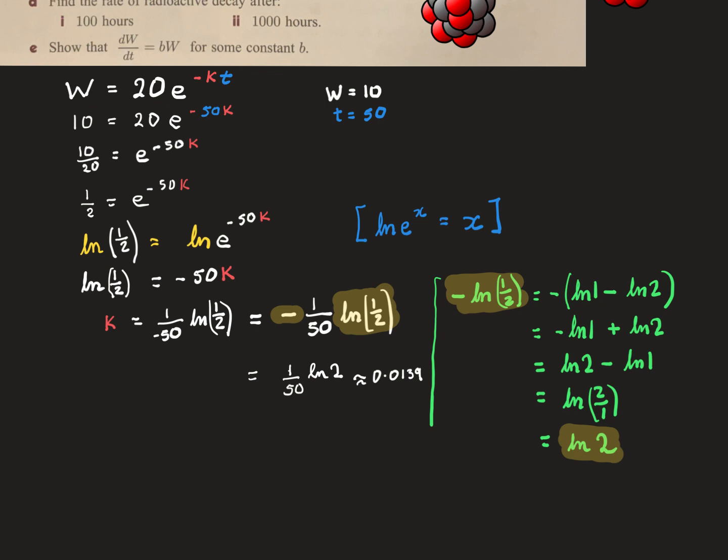But we're not going to use the decimal equivalent of it. We will use this value here for k. So into our above formula, we will write down that it's 20 e to the minus t on 50 ln2.